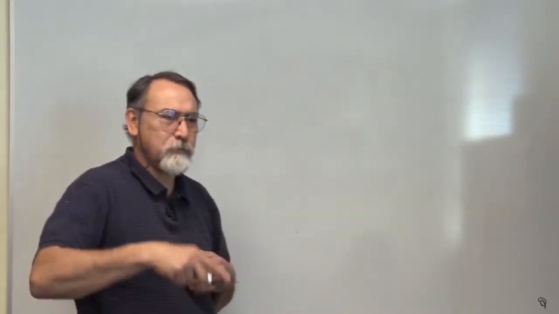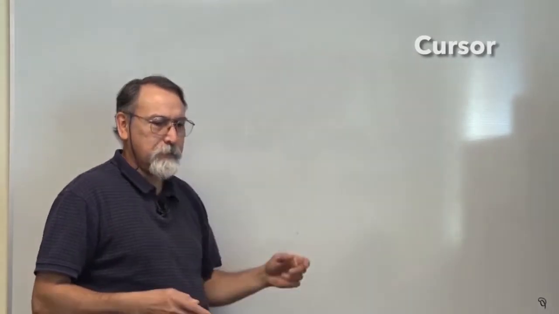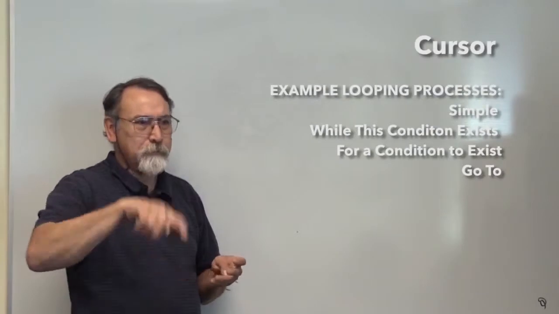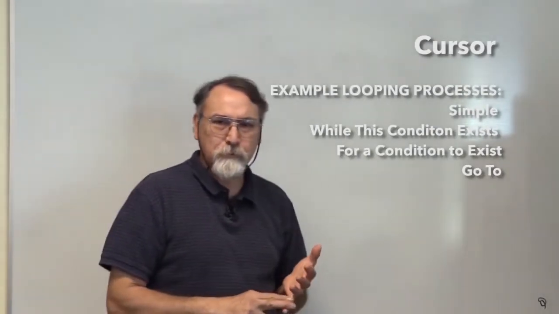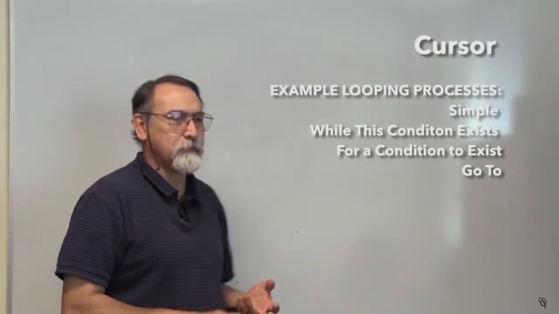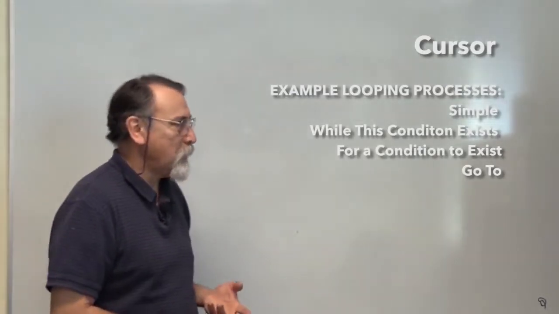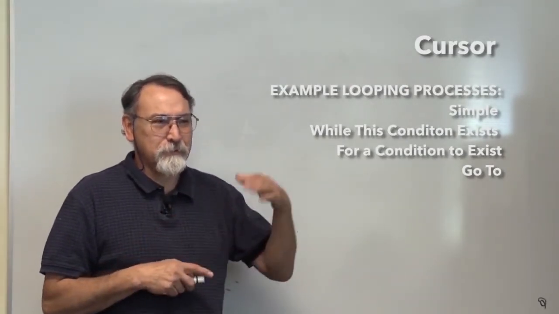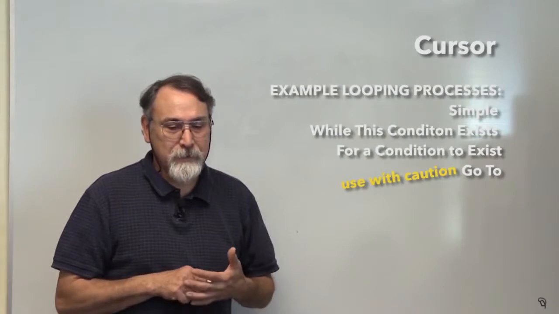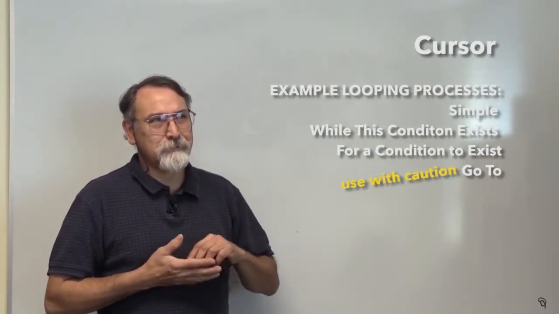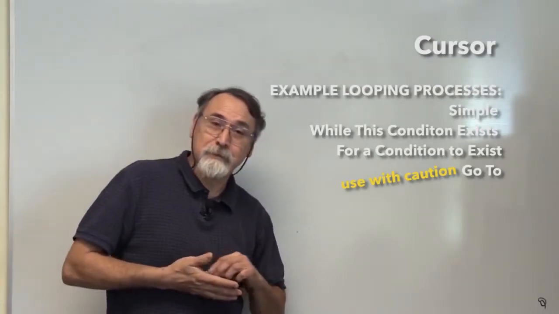In the conditionals, like in the cursor, when you bring information in, you're going to bring a whole bunch of data in, and then you're going to loop through it. So understand that in this looping process, there is the simple loop, there is the while this condition exists loop, there is for a condition to exist, or the goto. Now, goto has been around forever since programming began, but by today's levels, it's considered, this is a strange word to use, poor programming.